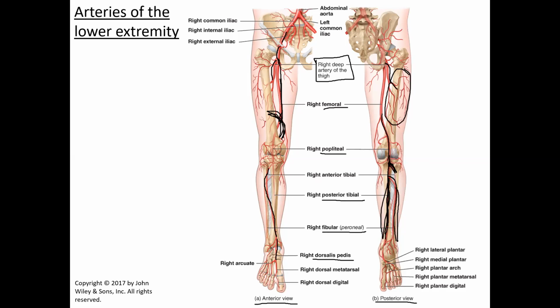When we get down past the ankle, our posterior tibial artery will divide to give us the medial and lateral plantar arteries. And those are supplying the plantar surface of the foot. So they're going to have all these branches to the toes and all these other branches on the bottom of the foot.